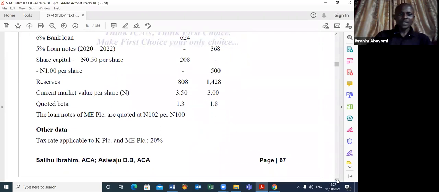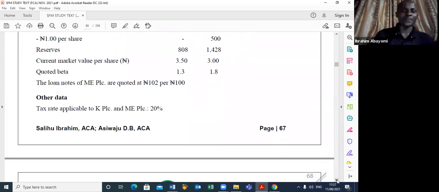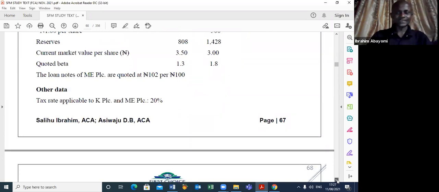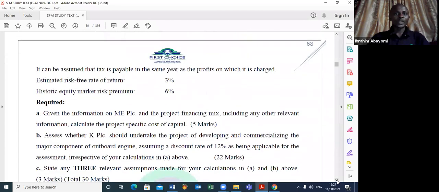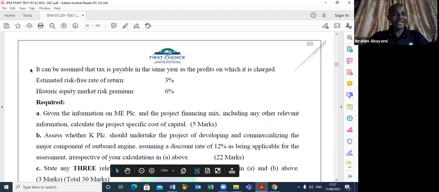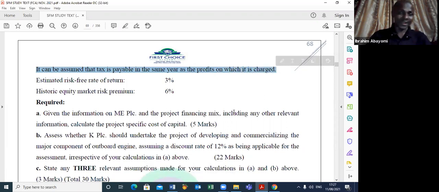Other data. Tax rate applicable to KPLC and MEPLC is what? 20%. It can be assumed that tax is payable in the same year as the profit on which it is charged. So tax payment timing is irrelevant. You can see the information I told you, the examiner will let you know. But in the case that you are not told, make your assumption and move ahead.